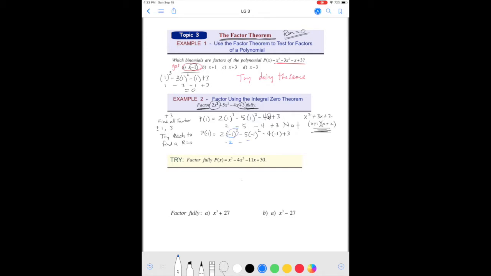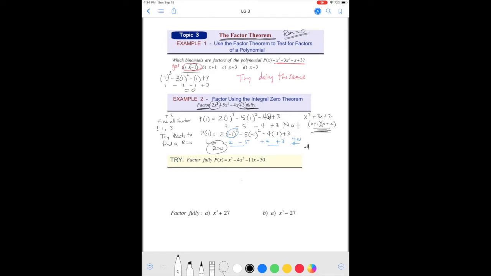So that's positive 5, negative 5, that's positive 4, positive 3, that's 7, that's negative 7. Yes, we got it. Okay, so what I know from that is the first thing is that negative 1 I can use in my synthetic because it got a remainder of 0.